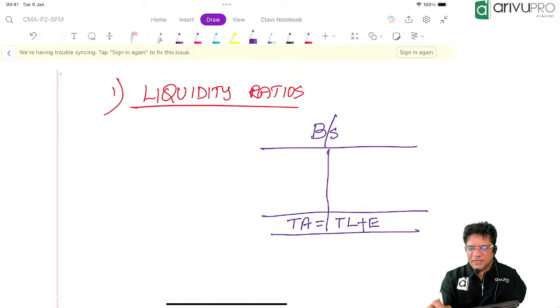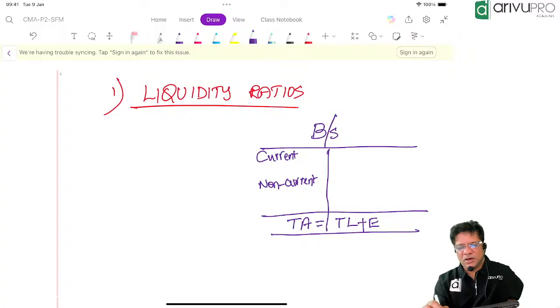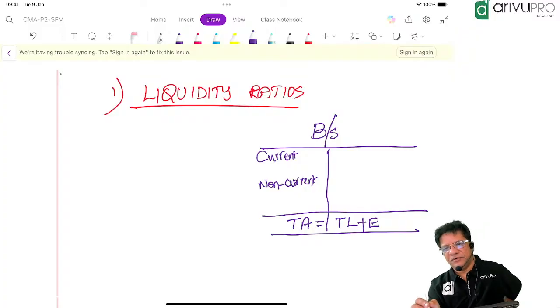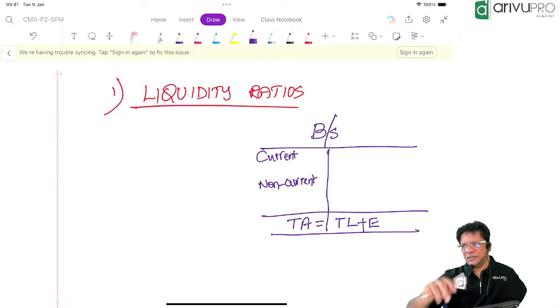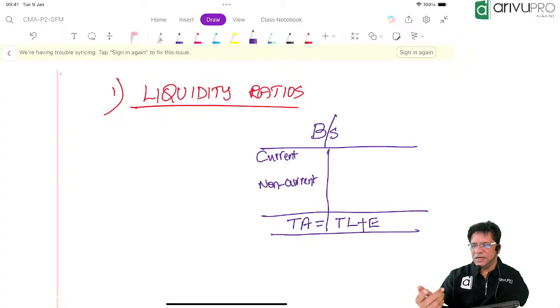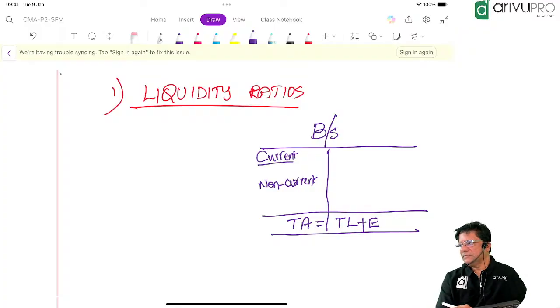Total assets has 2 portions, current and non-current. Under US GAAP in America, they show liquidity first: current assets, then non-current assets. In IFRS, it's the opposite. We show non-current assets first, and then current assets.